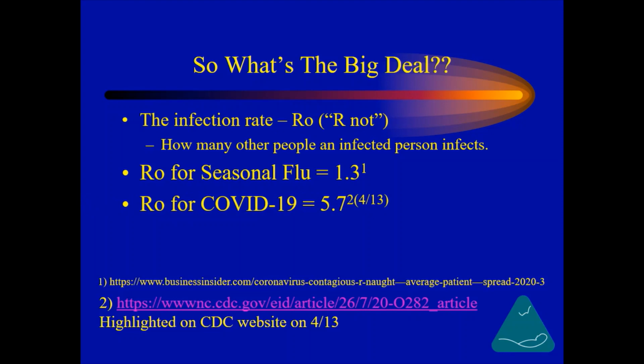Well, a study came out on 4/13 estimating that the R naught for COVID-19 is 5.7. Now, that is 4.38 times more infectious than the seasonal flu. And it turns out that that's a big deal, as I'll explain further.